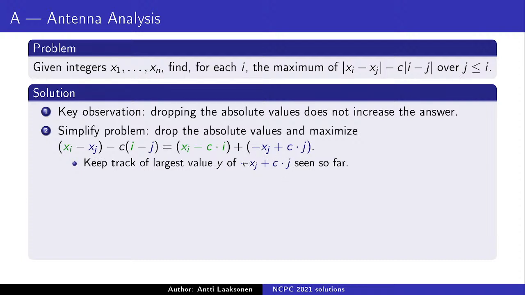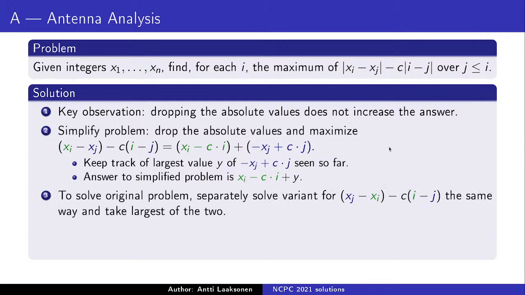Let's call it y. Then when we are at some value i, the answer to this simplified problem is simply going to be xi minus c times i, this first part, plus the largest value we have seen so far for the second part, which we called y. So we just go from left to right, keep track of the maximum value so far, and the answer is this thing.